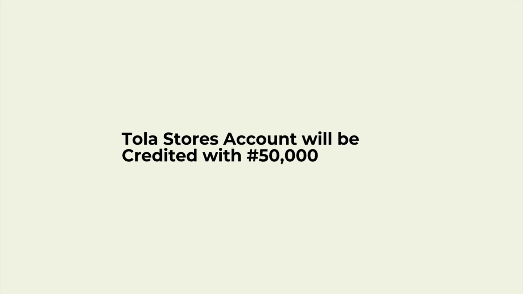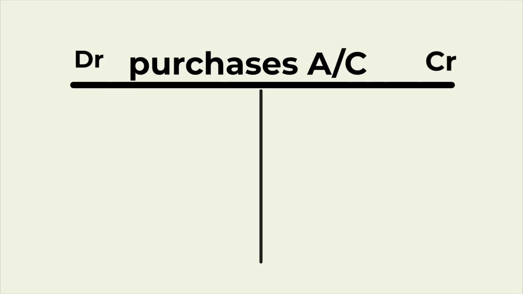In order to show the ledger entry, purchases account, the account name. On the debit side, left hand side we have DR, which is the debit side. Right hand side is the credit side, which is the CR side.